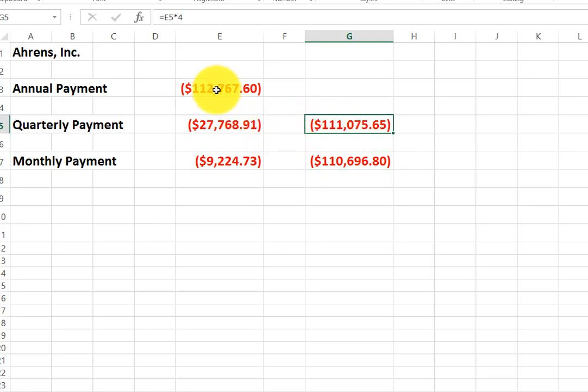So you see the annual payment is 112. The quarterly payment is just over 111. Total cash out in the year, and the monthly payment is lower still, and that's because you pay off the principal faster, and therefore you pay less interest if you do it on a monthly basis versus a quarterly versus an annual.